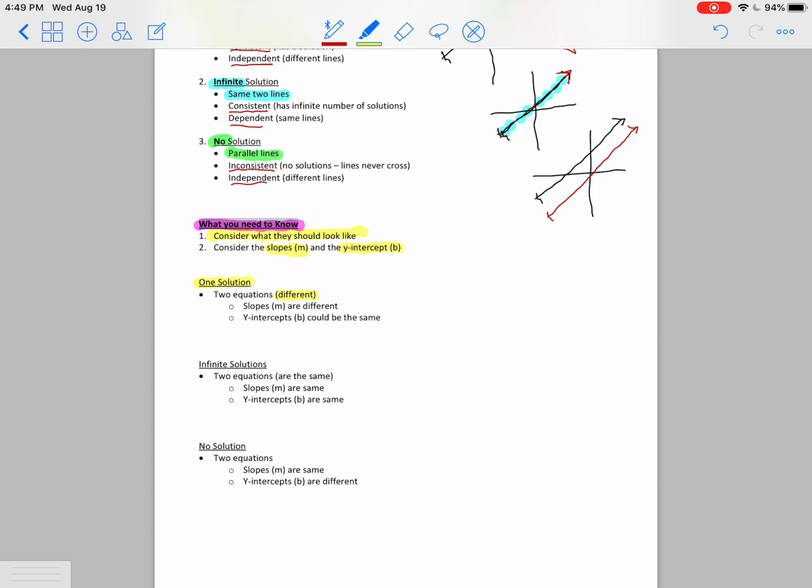But we know that those equations have to be different, right? Therefore, we know that the slopes are different from each other. Okay, the slopes have to be different from each other.